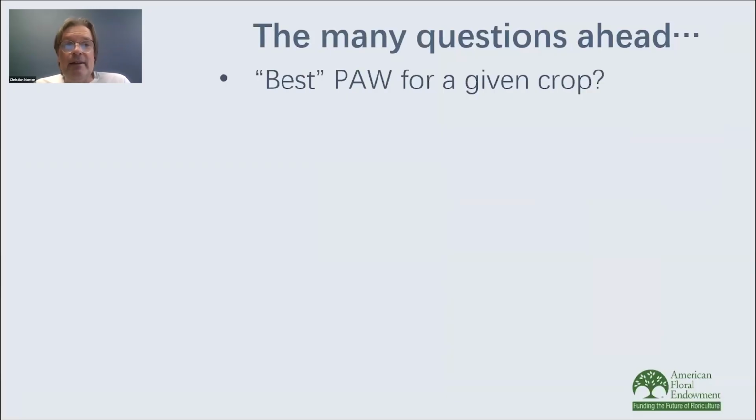Getting towards the end here, as we are learning more and more about this technology, we are trying to figure out what is the best PAW for a given crop, for a given seed, for a given development stage. How do we store it?